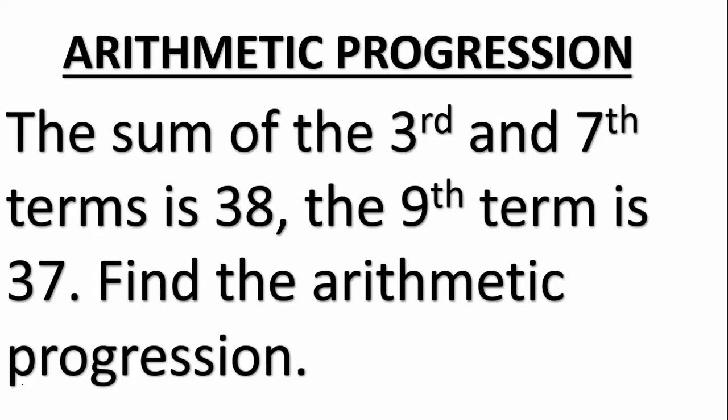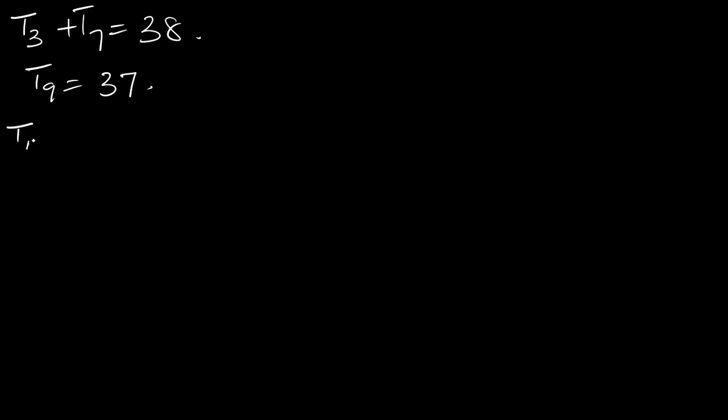Now let's begin. You have the third term plus the seventh term equal to 38. Now you have the ninth term equal to 37. Now let's use the general arithmetic formula where you have the nth term equal to a plus bracket open n minus 1 bracket close times d.